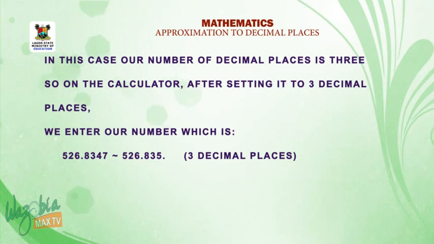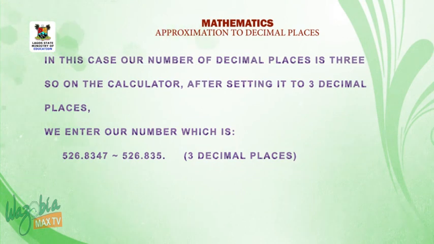So on the calculator, after setting it to 3 decimal places, we enter our number, which is 526.8347, and then we click on equals to. Automatically, it gives us our answer to 3 decimal places, that is 526.835.